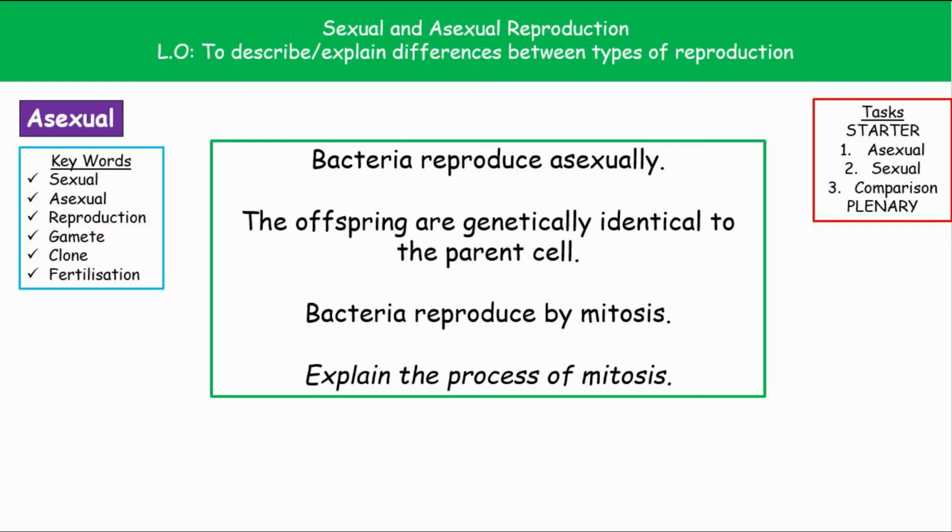So bacteria reproduce asexually, without sex, and what we then find is that every offspring from that parent cell will be genetically identical to it. So what they're actually doing is using a process that we've already looked at in an earlier biology topic of mitosis. So write down those 3 sentences and then see if you can answer the question at the bottom to explain the process of mitosis. Let's see who can remember that from our earlier biology topic.